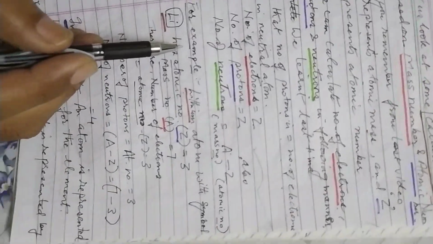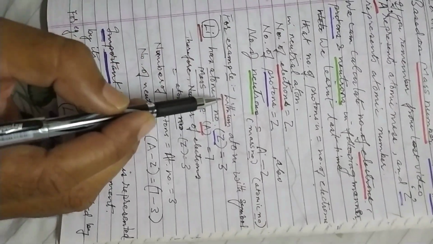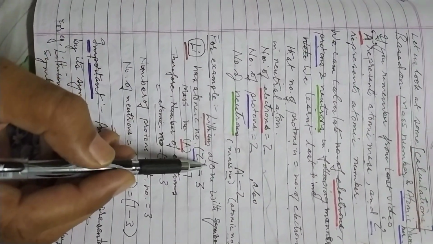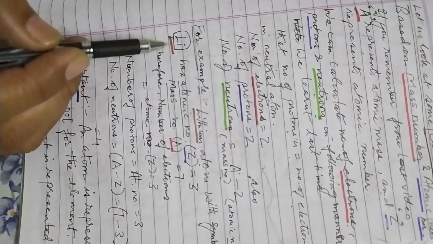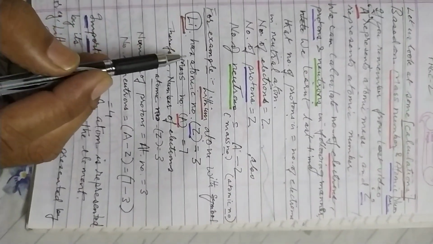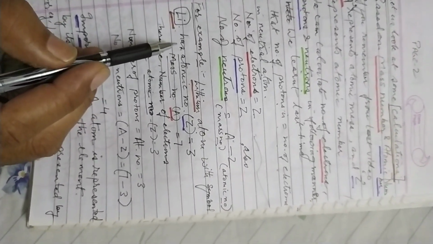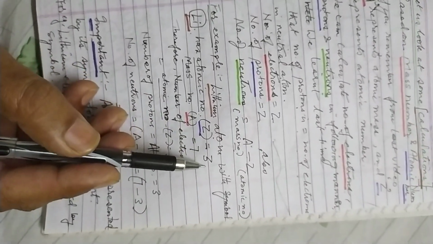Let us understand this better with the help of an example. Look here, children. The lithium atom has the symbol Li, which we discussed earlier. Now, this symbol of Li has been shown here. This element has atomic number Z equal to 3.